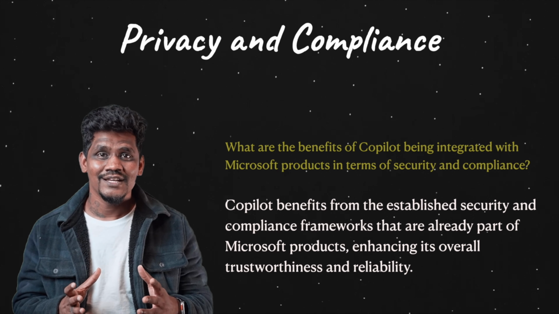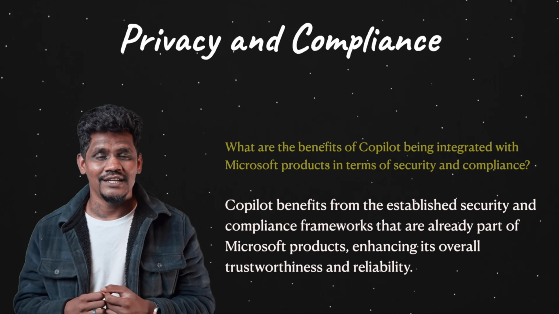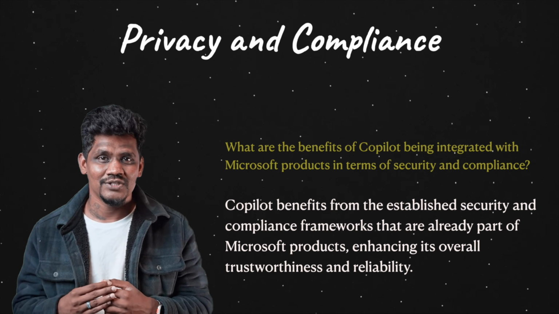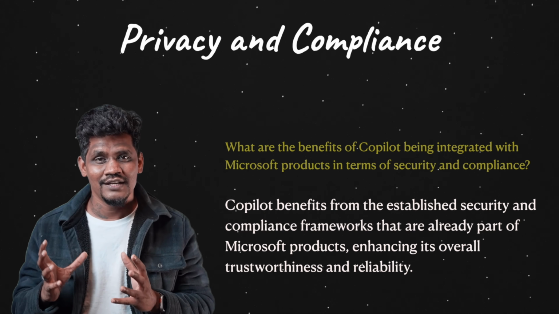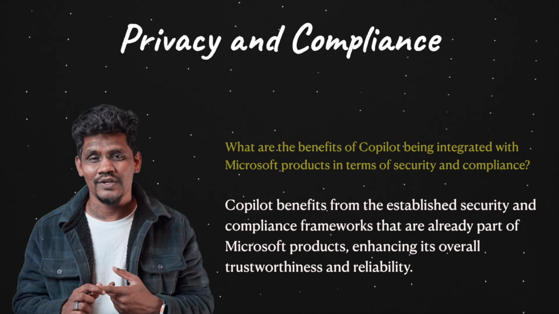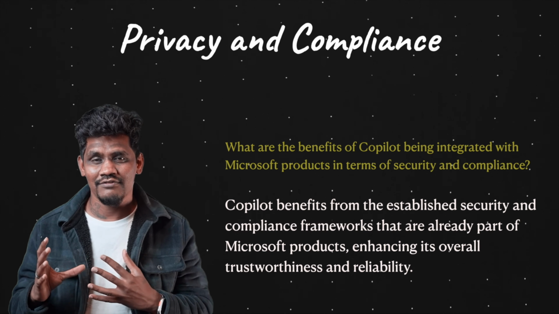The next question is, what are the benefits of Copilot being integrated with Microsoft products in terms of security and compliance? This is one of the big benefits of Copilot. The established security and compliance framework that already are part of Microsoft products are embedded into Copilot, enhancing its overall trustworthiness and reliability through the apps already. And also Microsoft Graph maintains its security privileges through your other existing apps.